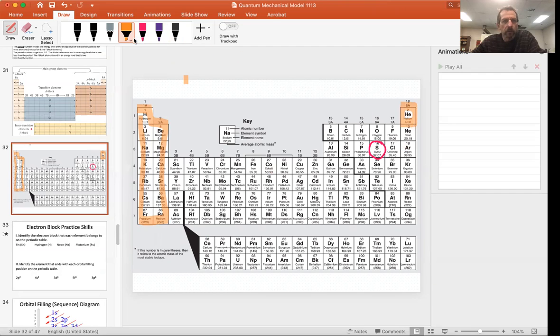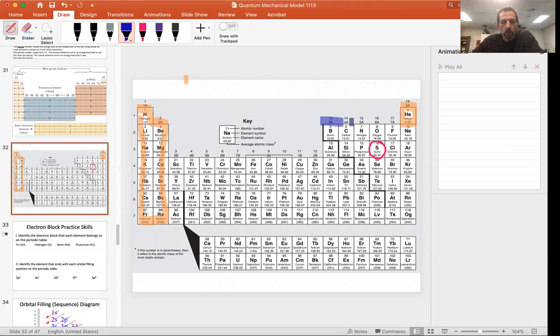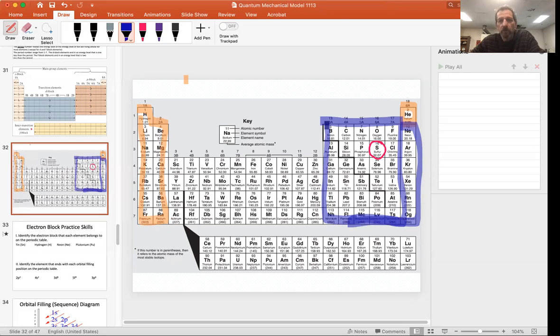The next one that we looked at was 6. Oops, it should include this one. My apologies. 6 elements wide. So that's called the P block. Sulfur is a member of the P block. It lands in a position where it ends with a p orbital as the last thing that has electrons.